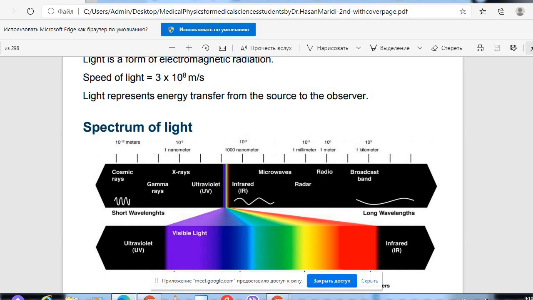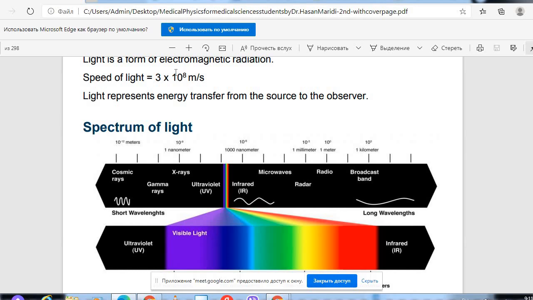It's 3 multiplied by 10 to the power of 8 meters per second. Everything we have in this world, we compare with the speed of light in the vacuum, this universal mathematical and physical constant.